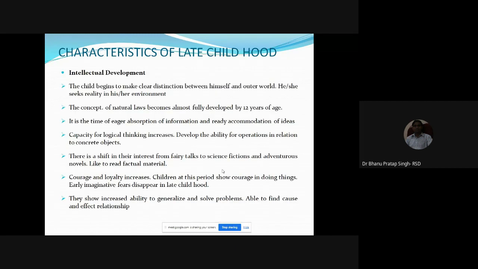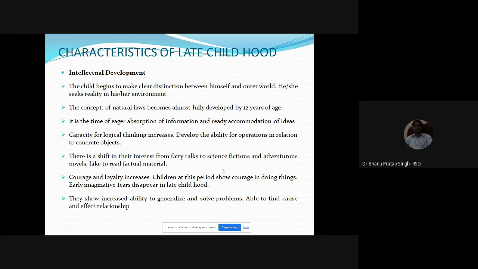Next, intellectual development. Although we have discussed it, we should quickly go through it. A child begins to make a clear distinction between himself and the outer world. He or she seeks reality in his or her environment through intellectual development. The concept of natural law is almost fully developed by this age.